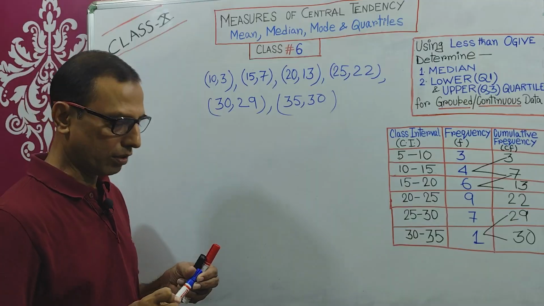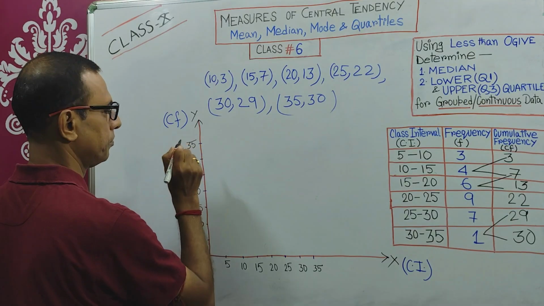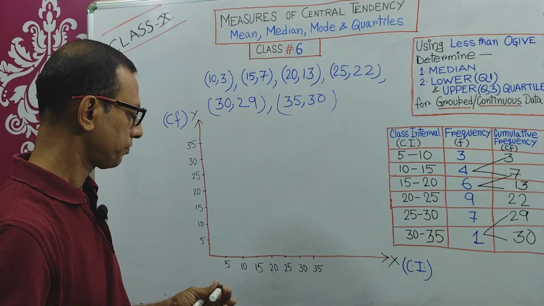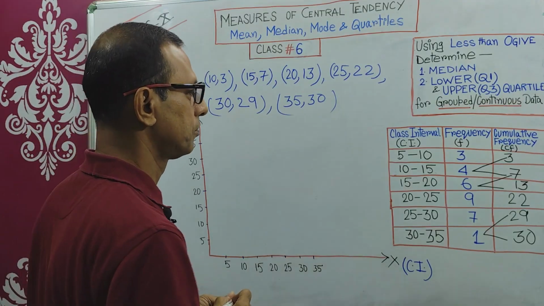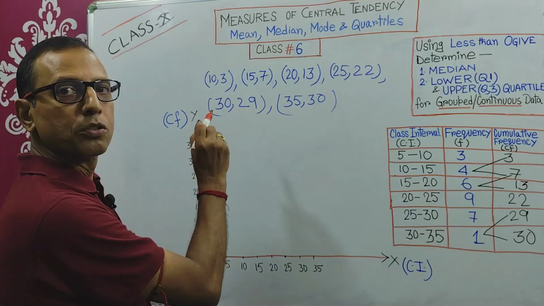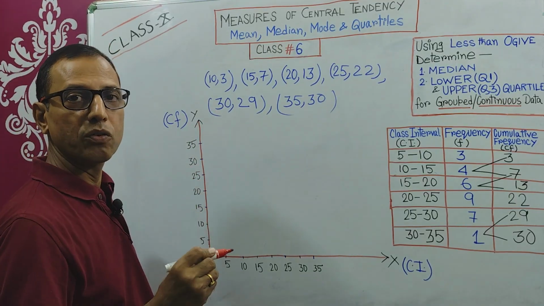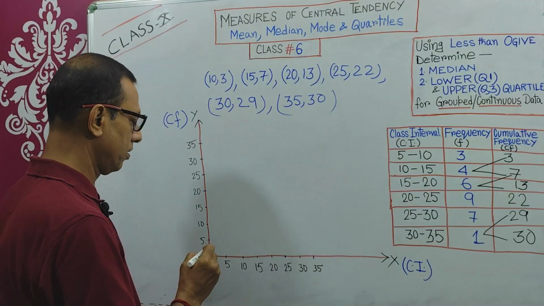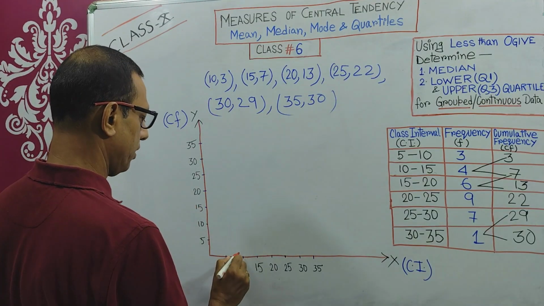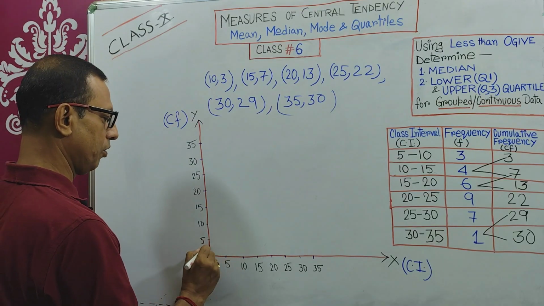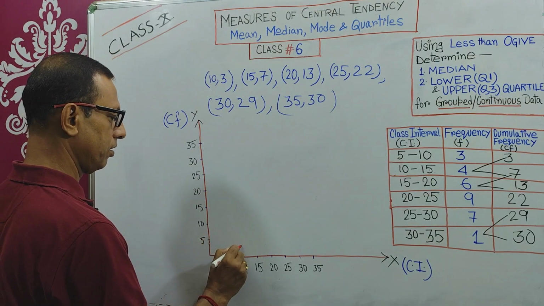Okay, let's put it now. So now we'll plot the points first. Then we'll join all the points. 10, 3. 10, it is 5, that means 3 will be nearby this one, right?